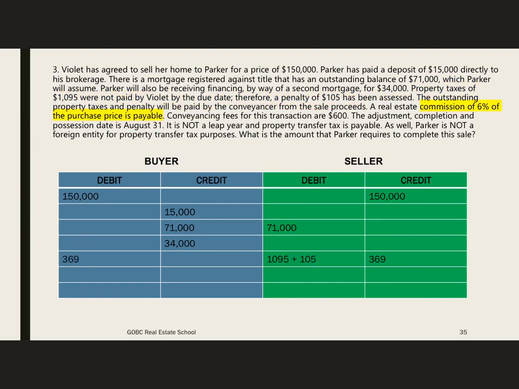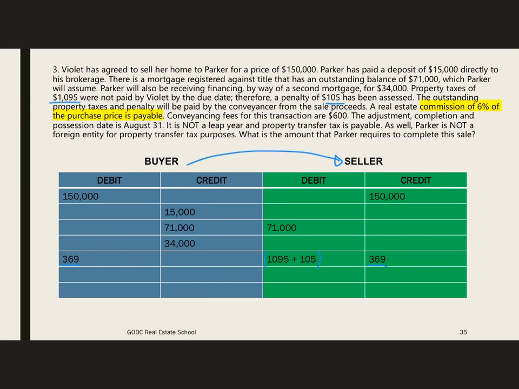Okay, so you see that there's a $1,095 tax amount and the $105 penalty amount that are put on the seller statement as a debit, and then $369 is the amount that the buyer needs to pay to the seller. So we've debited it to the buyer and credited it to the seller.